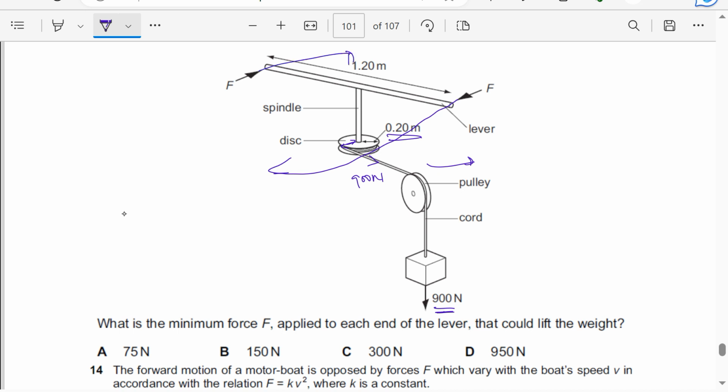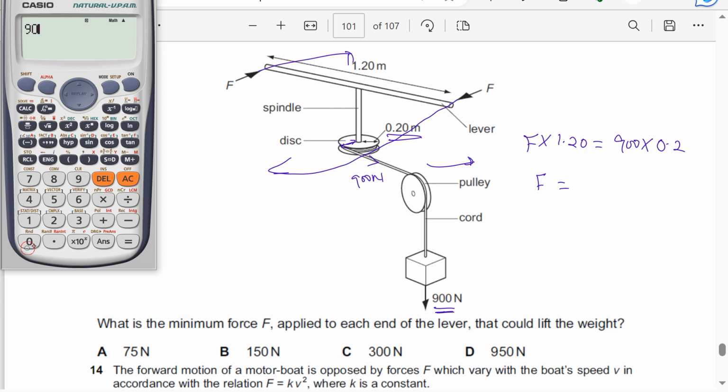So for equilibrium, they should be equal. The torque due to the couple is F times the perpendicular distance, which is 1.2. That torque is clockwise, and it should equal the anti-clockwise torque, which is 900 newtons times the perpendicular distance, which is 0.2. So what is F?